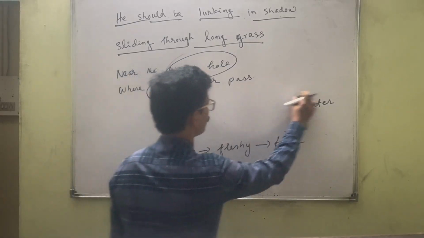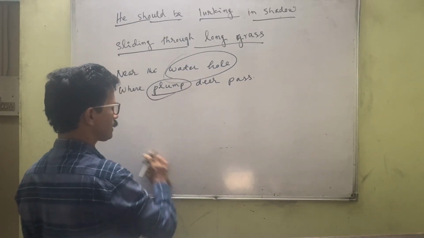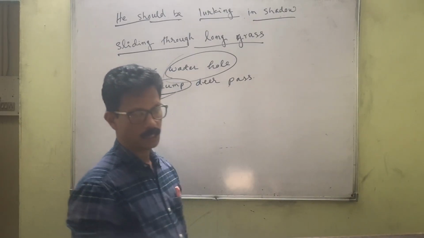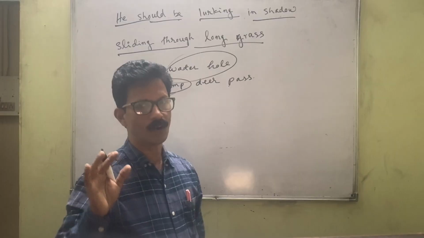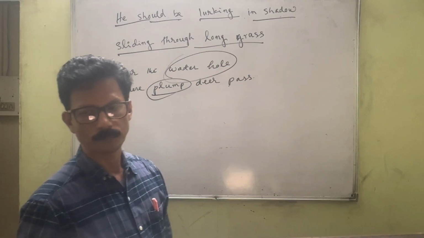Understand my point? Okay. Here, deer is used in plural sense, so the verb is pass and not passes. This is the meaning of the second stanza of the poem. Hope you have understood. Okay?